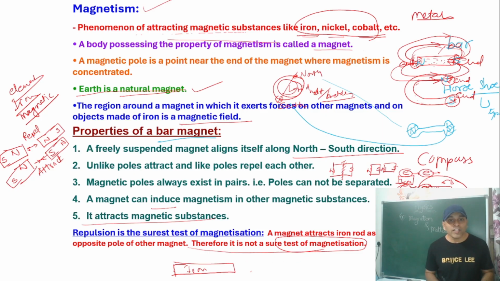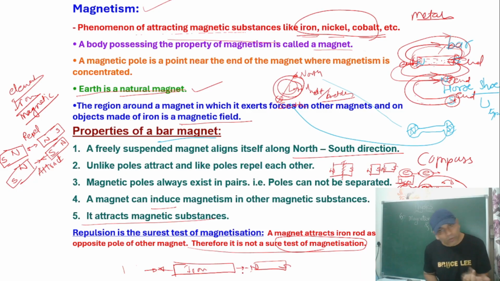So what happens? On this side of the iron rod, if you keep north, it will attract. Then you remove it. Then on the other side, if you keep north, again it will attract. A magnet has two poles, north and south. Then why is the iron attracting on both poles? At least one side should be opposite, right?